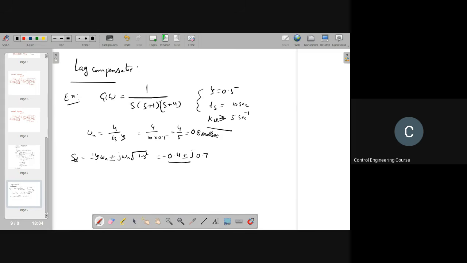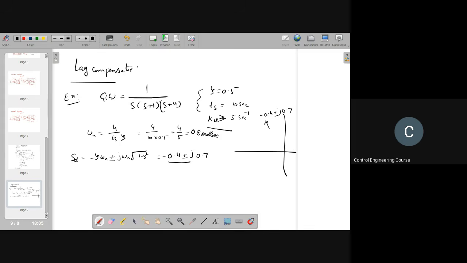Angle criteria: if you see the angle deficiency is 0 degrees, that means this is already on the root locus. Let's say for example in this case, this is your s_d, minus 0.4 plus or minus j 0.7.